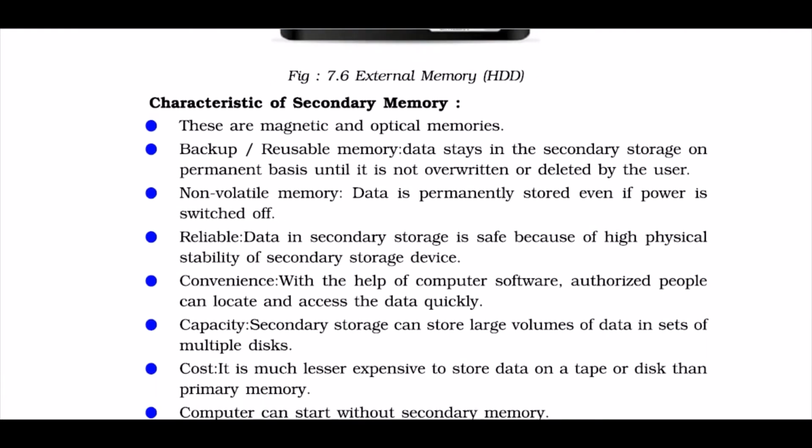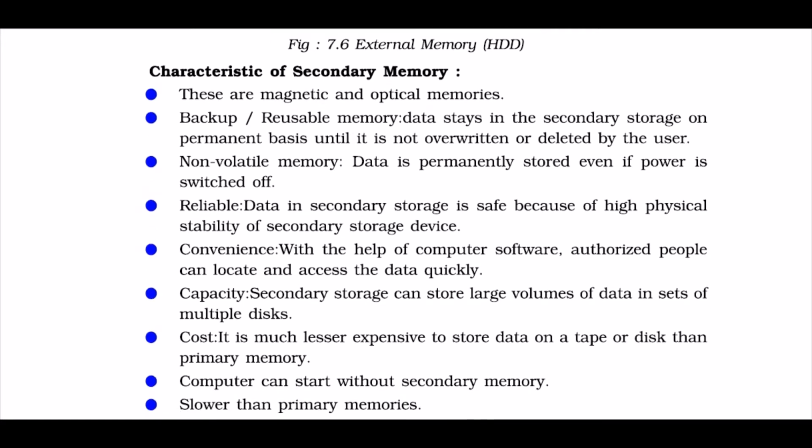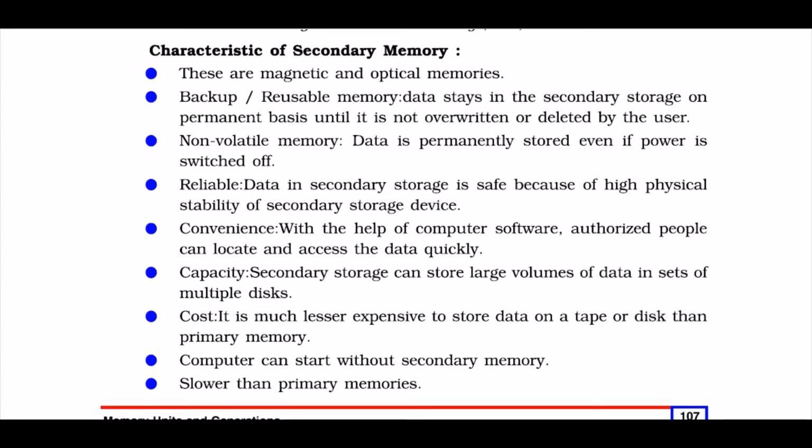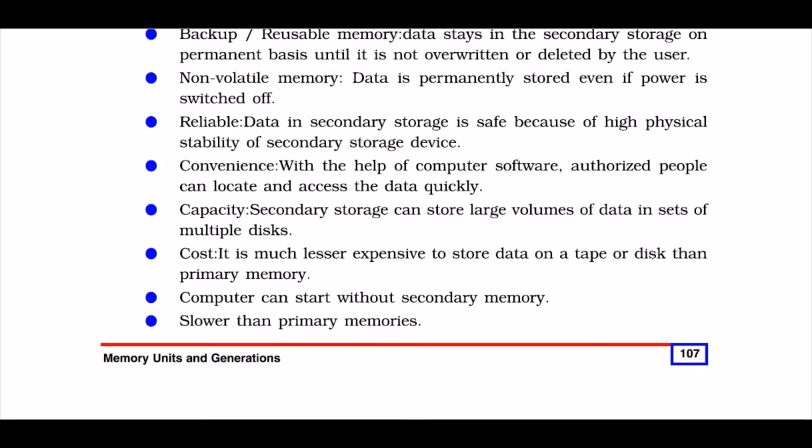What are its characteristics? These are magnetic and optical memories. They can be used for backup or reusable memories. They are non-volatile. That means data is permanently stored if the power is switched off. Reliable. You can rely on the data if it's permanently stored, right? You can check, change anytime.